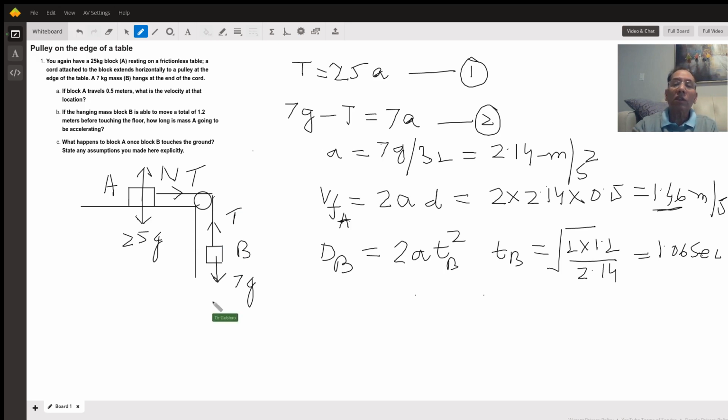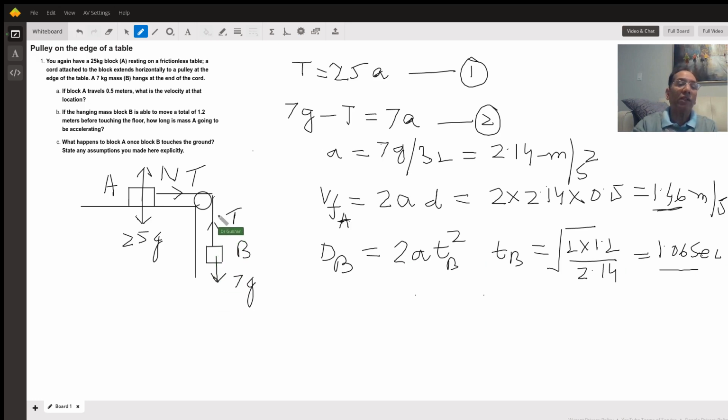So if I use the distance to be 1.2 meters and find the time it takes to touch the ground, then you use the formula distance equals half a t_B squared, because the initial velocity of B was also 0. So the time for which it travels before touching the ground will be 1.06 seconds.